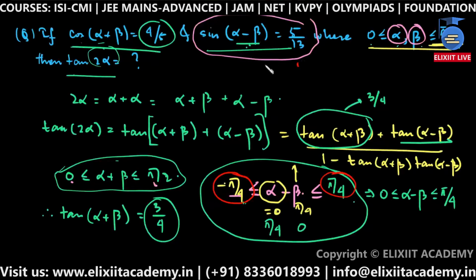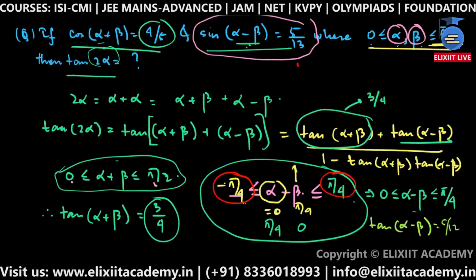Now simply find out what is tan of alpha minus beta. Sine of alpha minus beta is given to be 5 by 13. So tan of alpha minus beta will be 5 by 12.